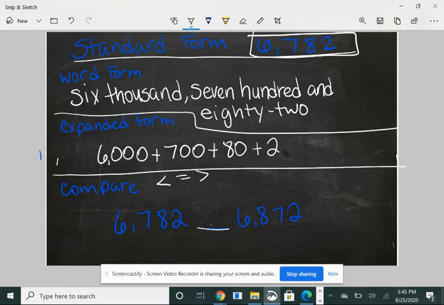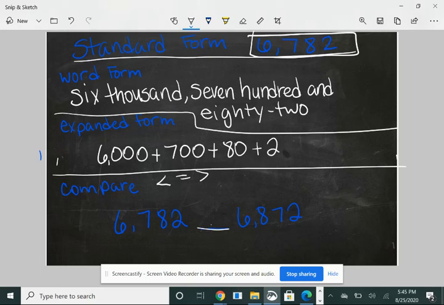Okay, so when I'm looking at this number, I realize that I have to figure out which place value in the two numbers am I going to use to compare them. And what this means is that I'm going to go down the line from the left to the right of each number to determine which digits I'm going to compare. Which digit in what place value am I going to compare?